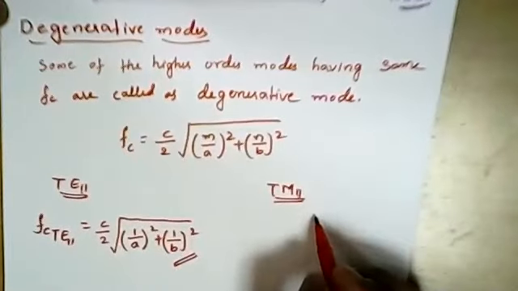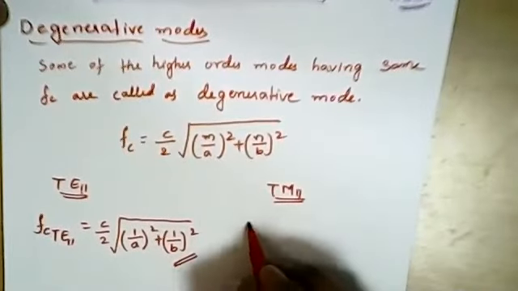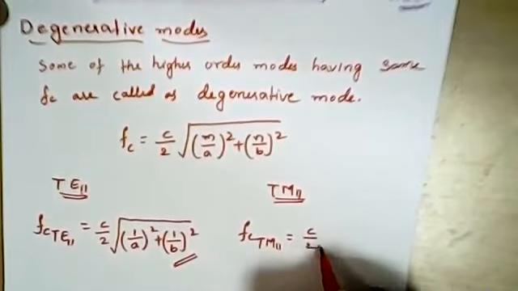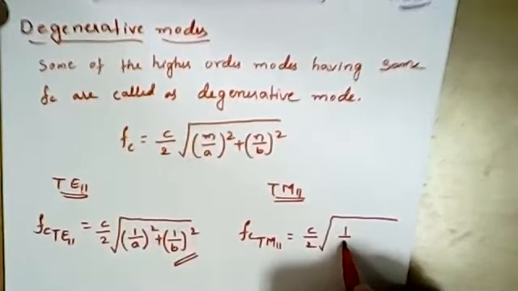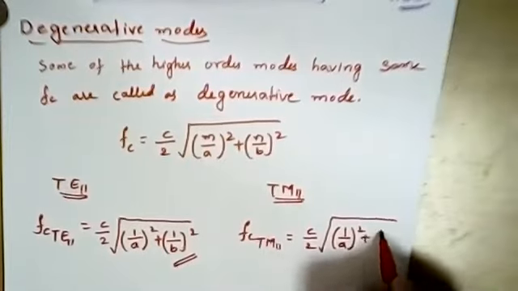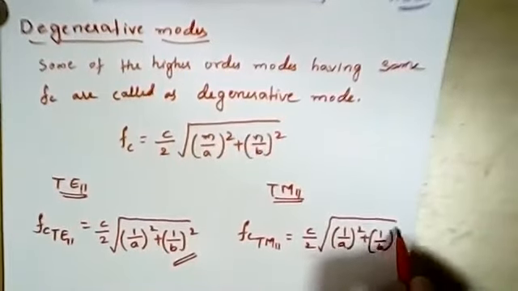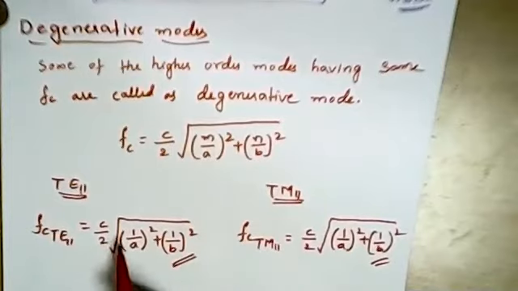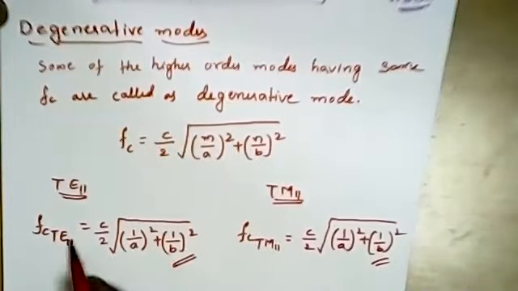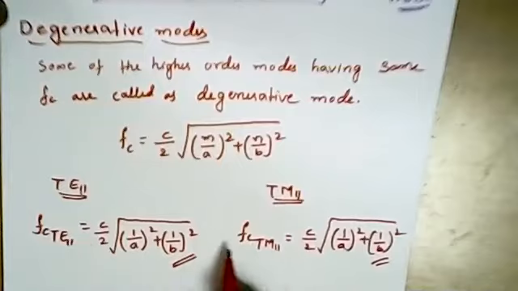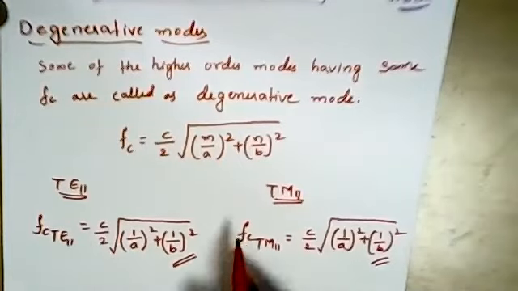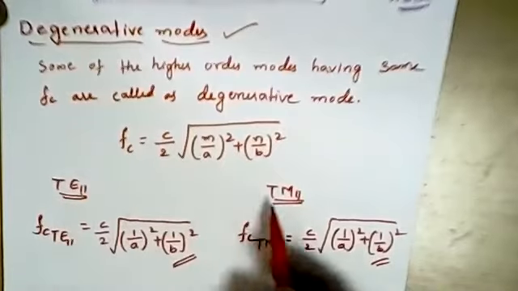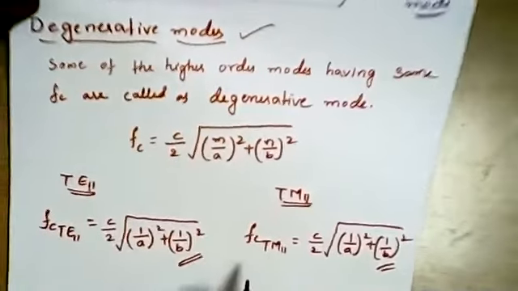For TM11, the values of M and N are 1, so it is the same as the previous expression. You can see that the cutoff frequency expressions for both modes are equal. So such types of modes are said to be degenerative modes. TE11 and TM11 are the degenerative modes.